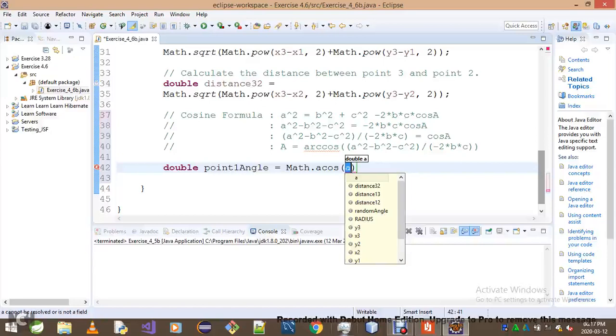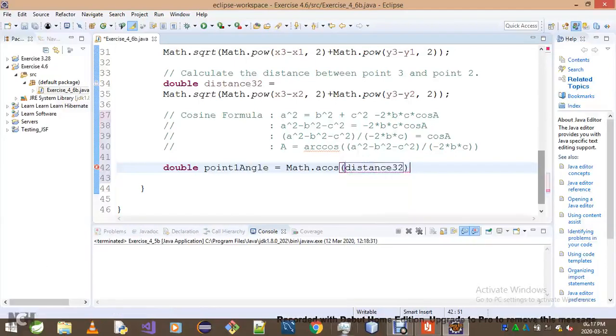It's going to be, now our a is the distance between 2 and 3, right? So it's going to be the distance between 2 and 3, right? Okay. In fact, I've got to put this. You've got to square that though, right? Remember, you've got to square that.